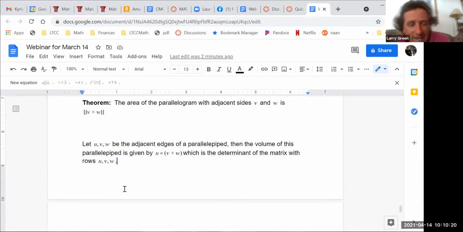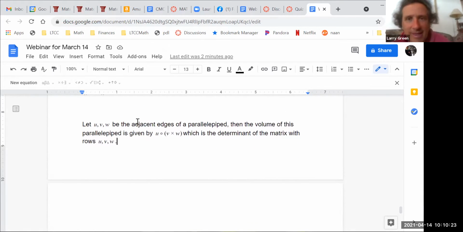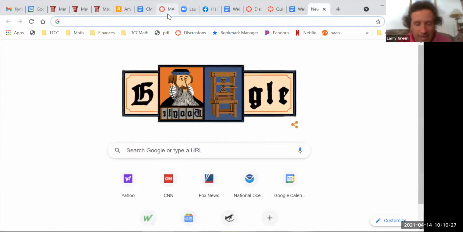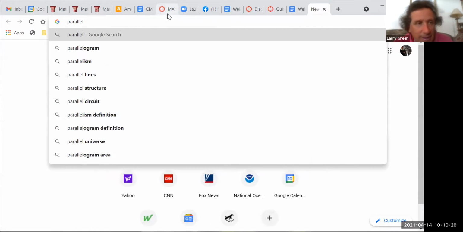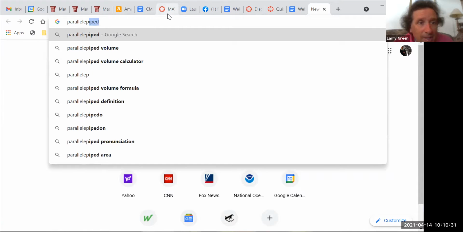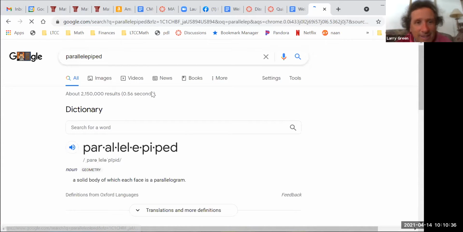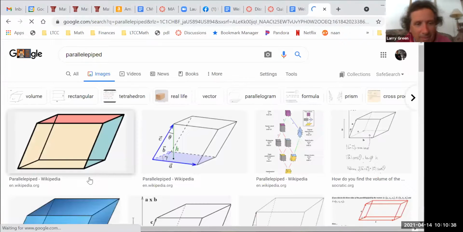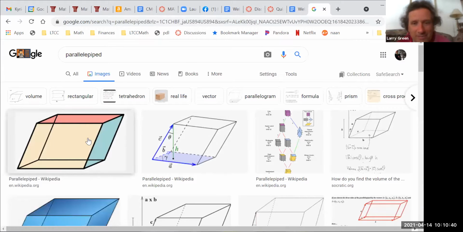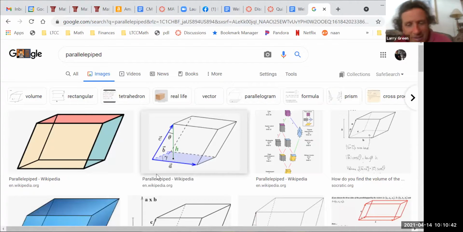Okay, I'm running out of time. So I think what I can do is I can show you a picture. Easiest way is show you a picture this way. There's a parallelepiped. Lots of pictures.